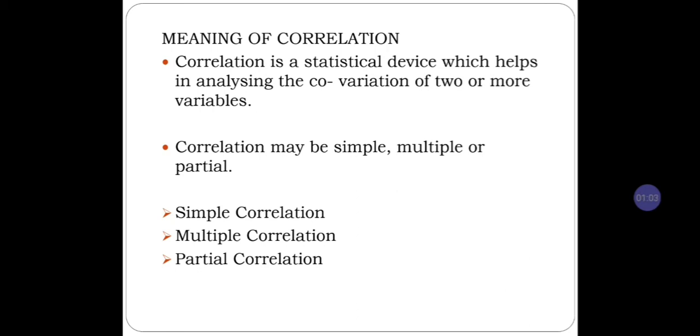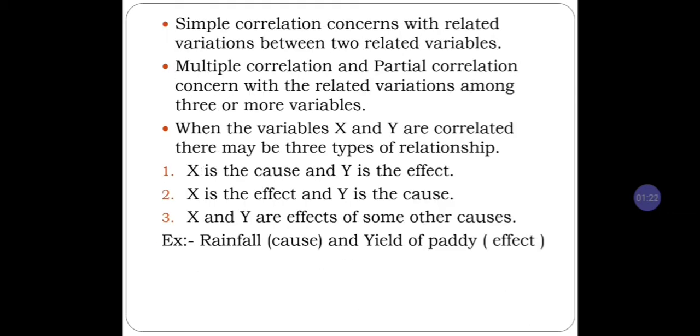Then correlation may be simple, multiple, or partial. So we have three types: simple correlation, multiple correlation, and partial correlation. We will see them one by one. Simple correlation concerns the related variation between two related variables.